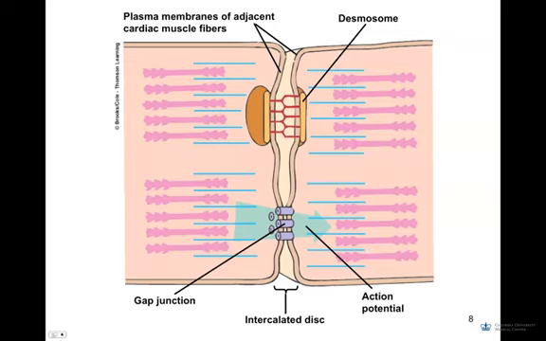And it's going to allow these neighboring muscle cells to contract all at once and to act as a single unit. And that's going to be very important as we talk about the mechanical events that encompass one cardiac cycle, which represents one heartbeat.